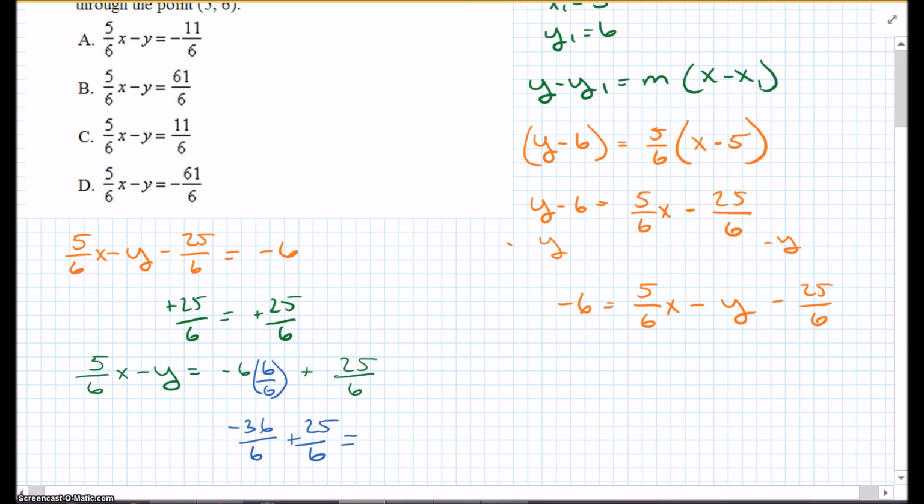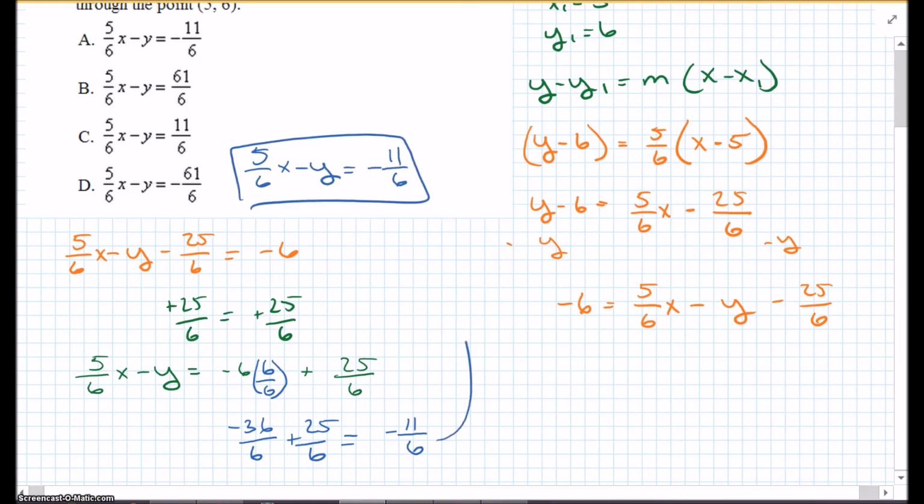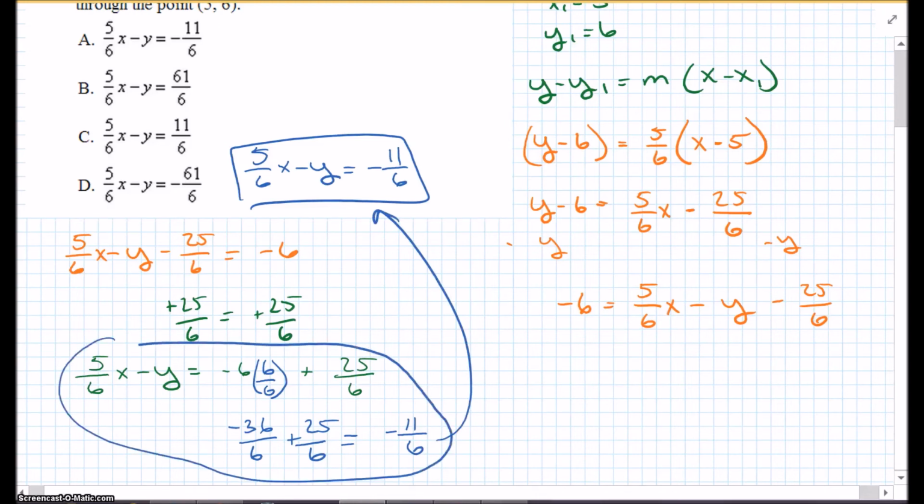That is going to equal negative 11 over 6. So my final answer would be 5 over 6x minus y equals negative 11 over 6. I just rewrote the whole equation right there. So our answer would be A. Next example.